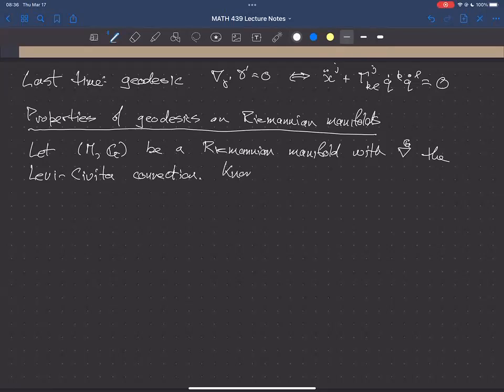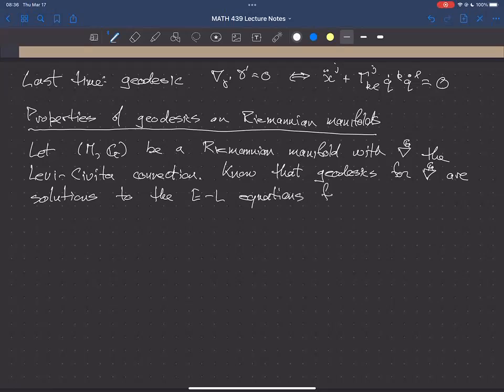So we know that geodesics for the g are solutions to the Euler-Lagrange equations for the Lagrangian, which is the kinetic energy.